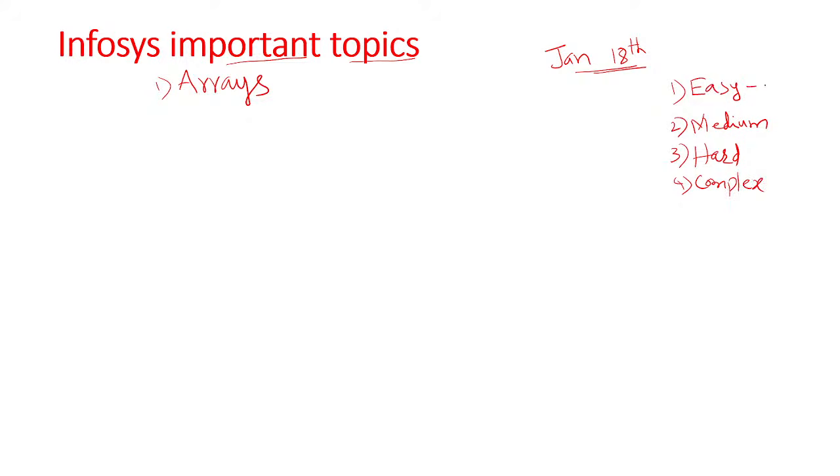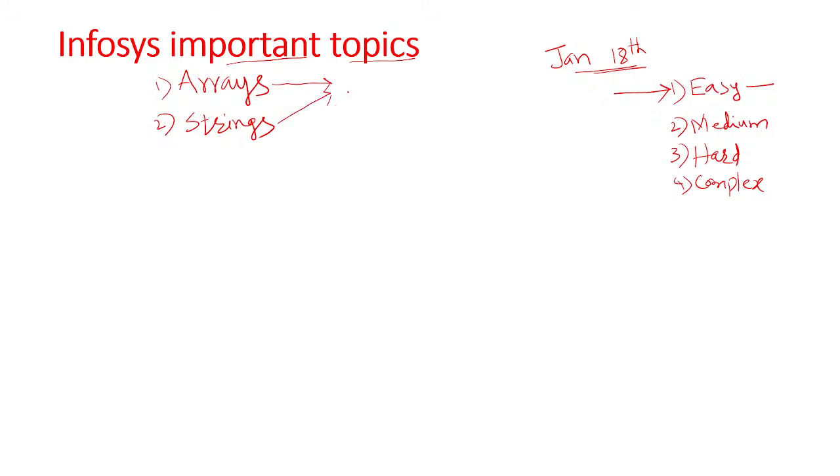The easy level question generally will be from arrays and strings. Most of the time the very first question is from arrays and strings, so refresh your concepts in both.